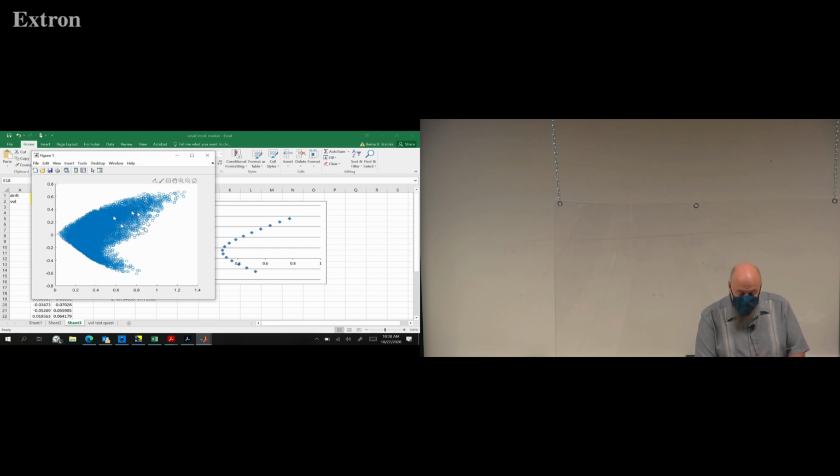But in our case, this becomes a multidimensional optimization problem. If I decide I want to have a risk of 0.6, I know I want to be out here. From the picture, I know what sort of reward I can manage to get, but I don't know what this mix is.